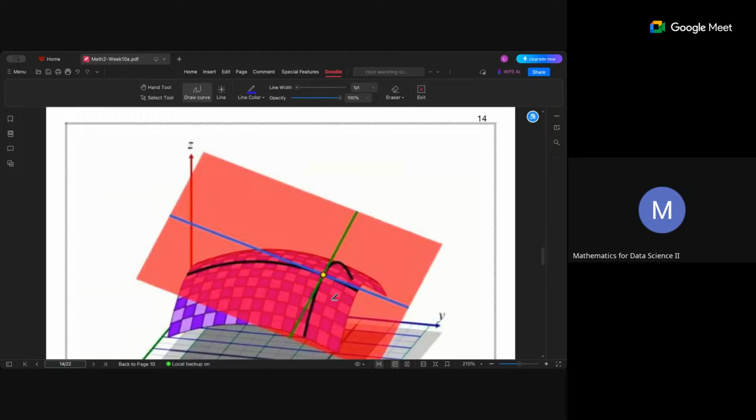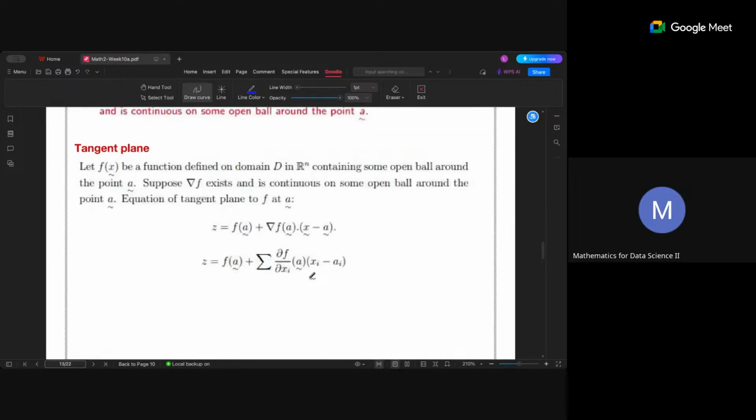For example, I have taken two different directions and got two different curves, and I have taken the tangent lines along those two directions and built the plane from them, because for a plane, you know that two vectors are sufficient. So I have got the plane. The equation of the tangent plane is given in this way.